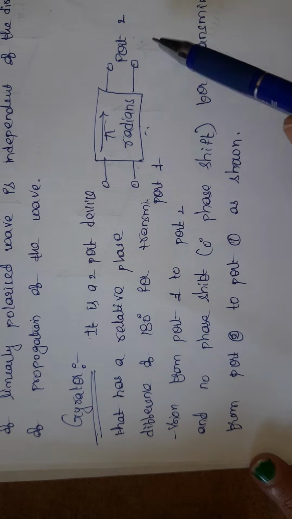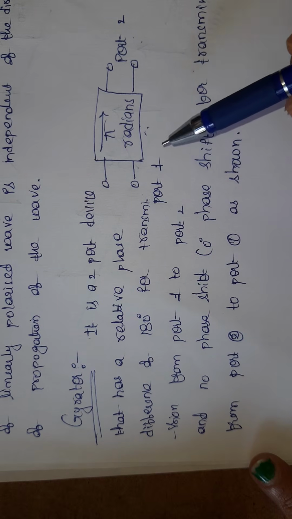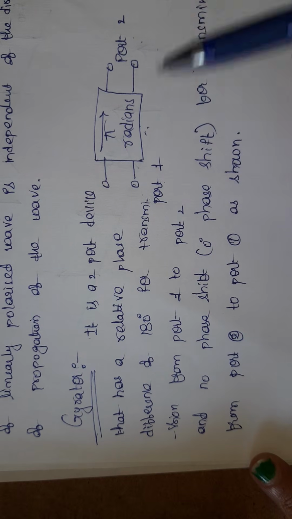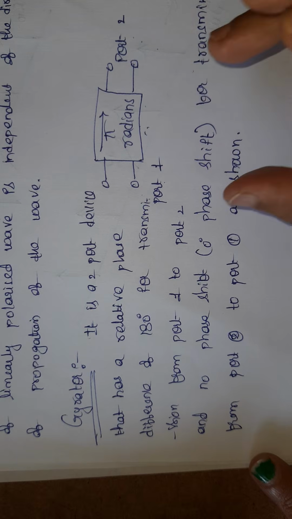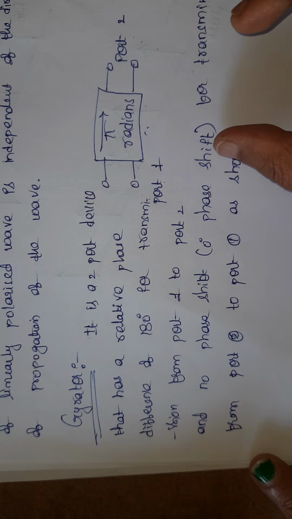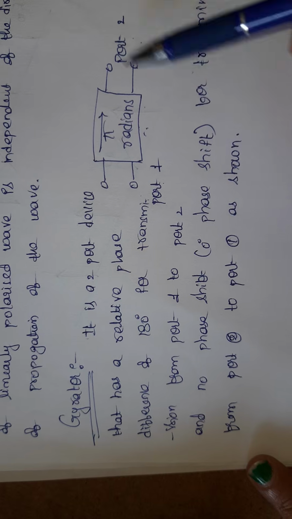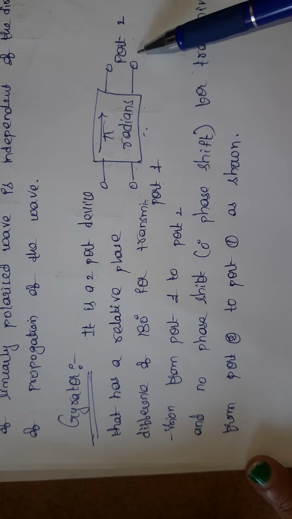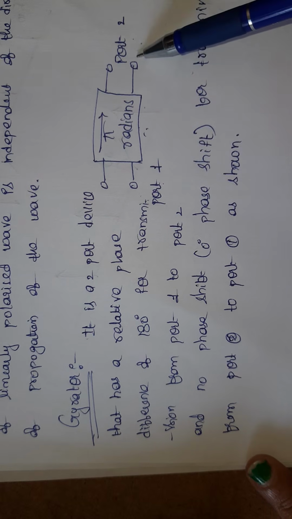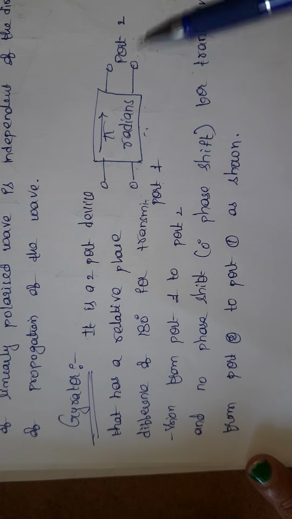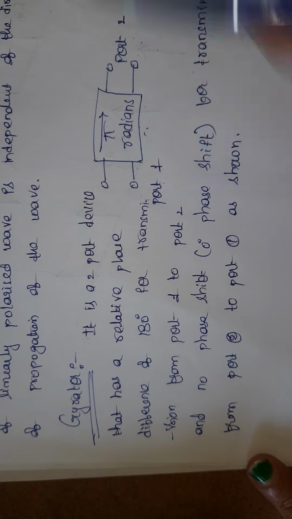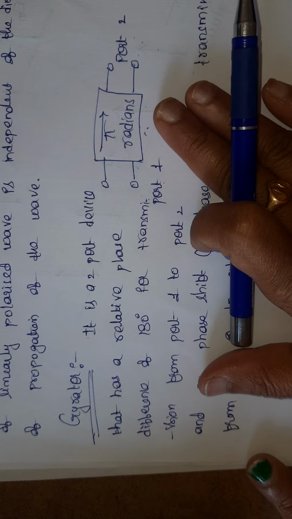When a wave is moving from port 1 to port 2, there is a phase difference of 180 degrees. And similarly, there is no phase shift when a wave moves from port 2 to port 1. So this is the gyrator.